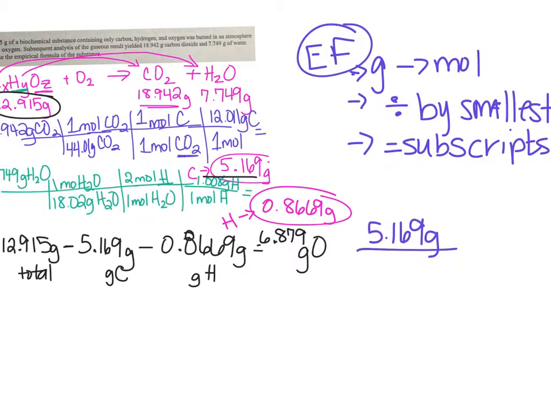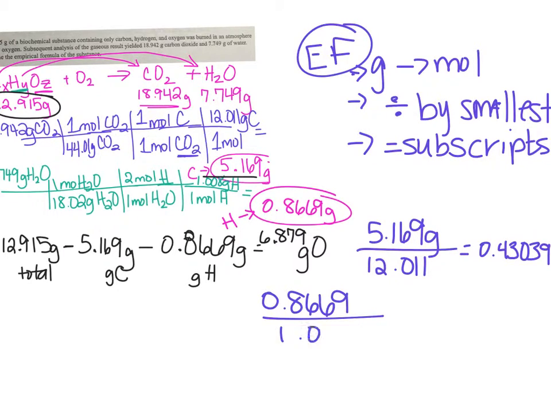Okay, so knowing this, we're going to have for carbon 5.169 grams. I'm going to divide by its molar mass to figure out the value in moles. And so for that one, you should be getting 0.43039 if we're following sig figs. And then for hydrogen, you had the 0.8669.